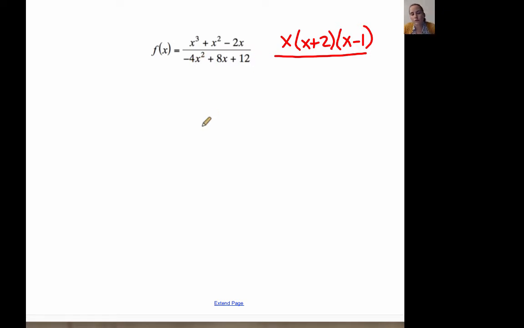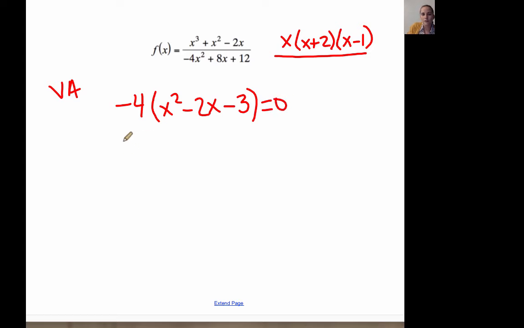Now the denominator will tell you your vertical asymptotes. Okay, so to get my vertical asymptotes, I am going to take out a 4 first. I take out a negative 4, by the way, and I'll have x squared minus 2x minus 3 equals 0.